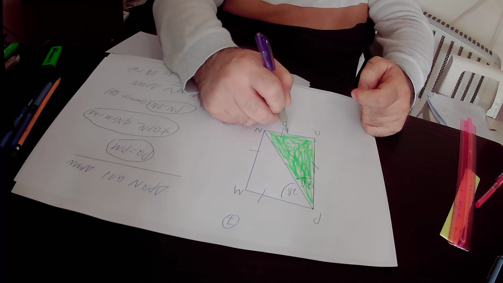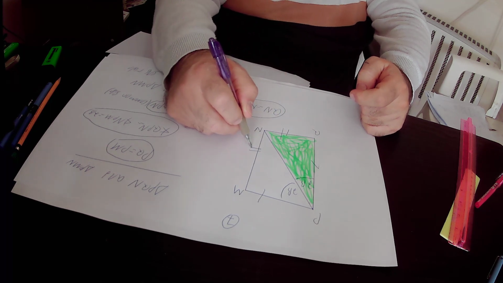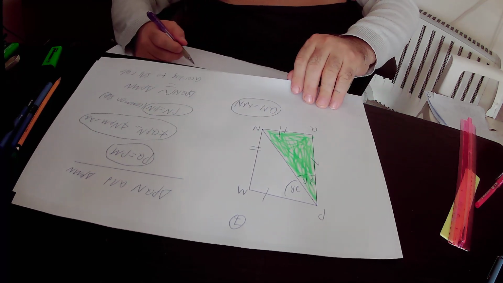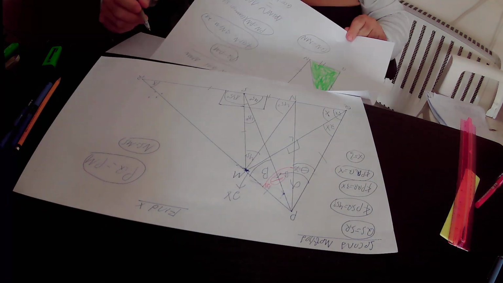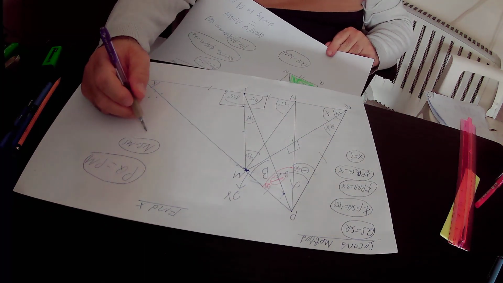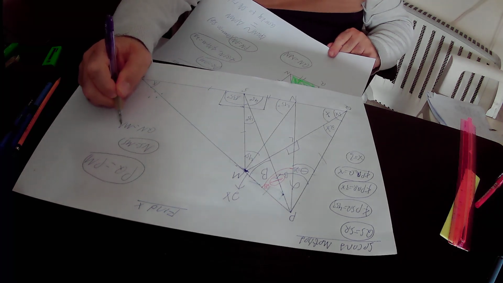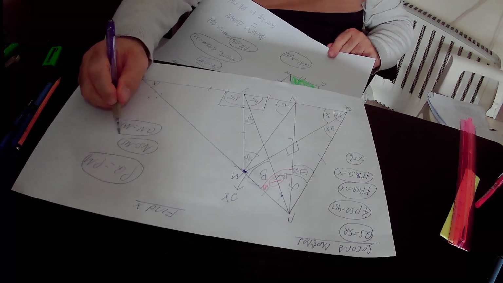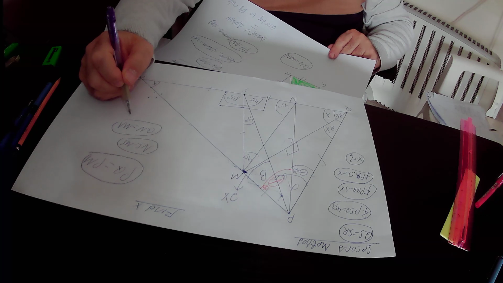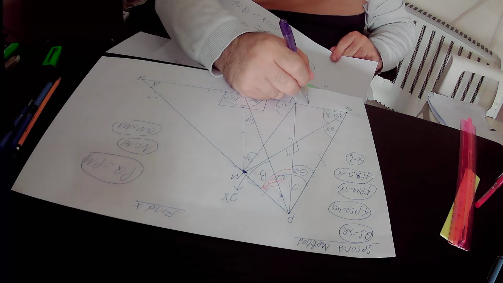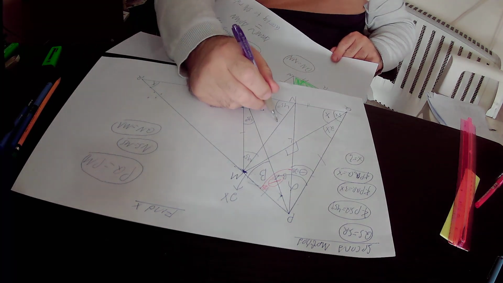So QN equals MN. Here we can write down that QN equals MN.